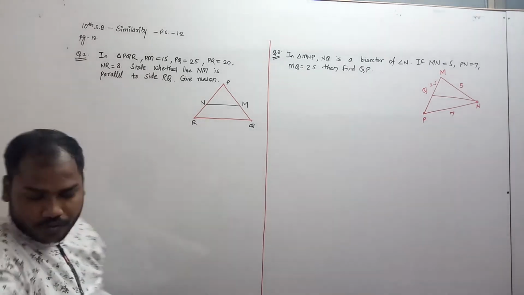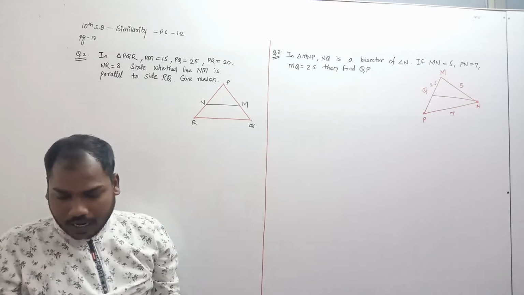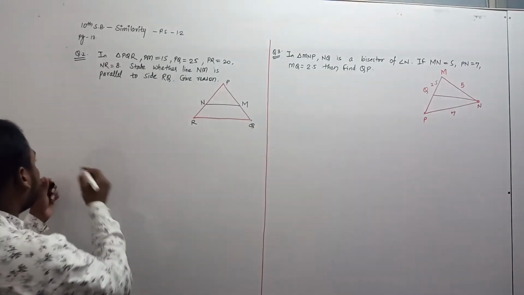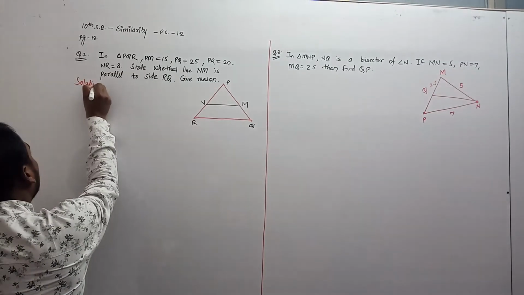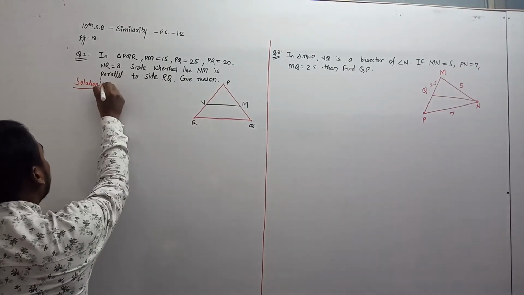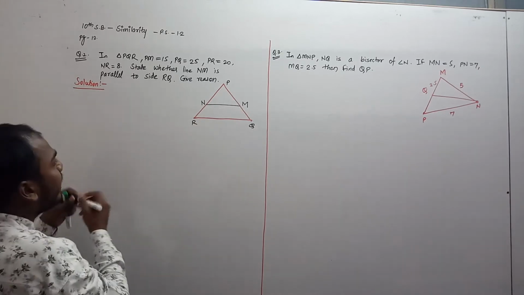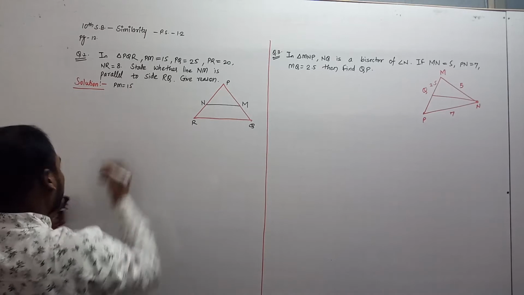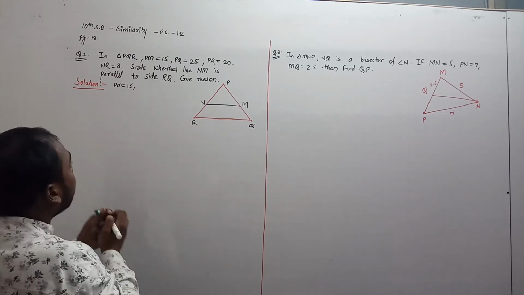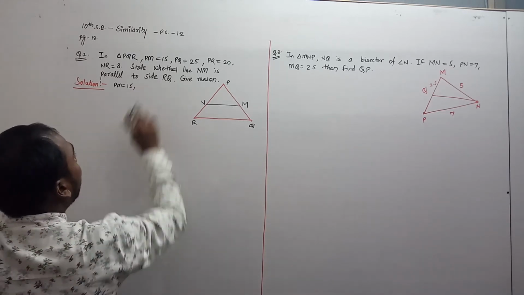Give reasons. If you try to understand, they have given this, so if we go for the solution part, what can we write? In the solution, very simple, we have PM equal to 15. Next, PQ.